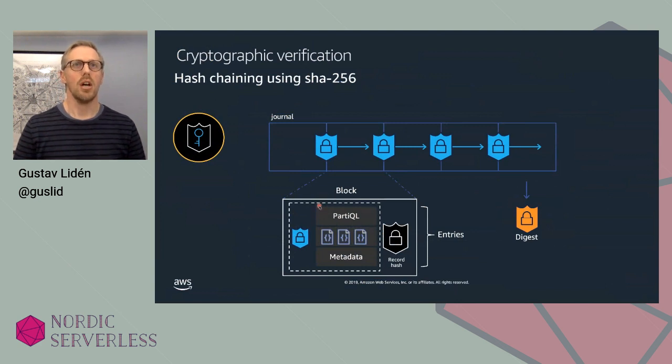And that's the SHA-256 digest. The source data for this digest also includes the hash of the previous entry in the journal. So this effectively links all the data together in a way that makes it impossible to change anything in this journal without this cryptographic chain of hashes breaking.